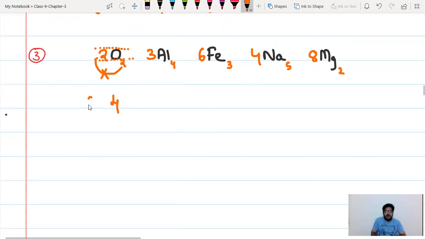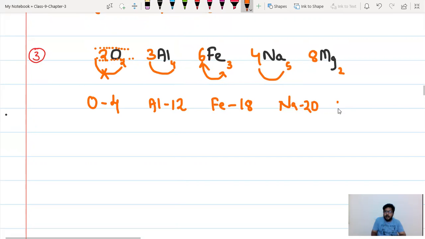How many oxygens are there? 4 oxygens. How many aluminiums? 3 into 4, 3 fours, 12. Now, how many irons? Yes, you are correct. 6 into 3, 18. Now, how many sodiums? 4 into 5, 20. How many magnesiums? 8 twos, 16. Like that you need to count.